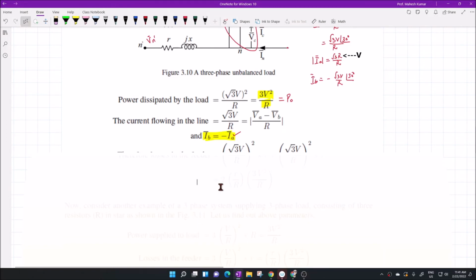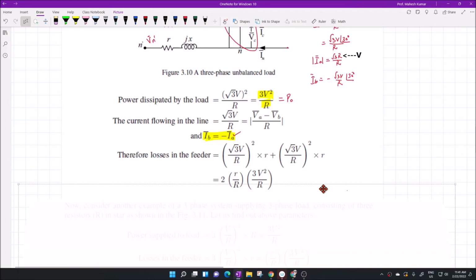Now let us find out the losses in the feeder. The losses in the feeder will be I square into R for each phase.